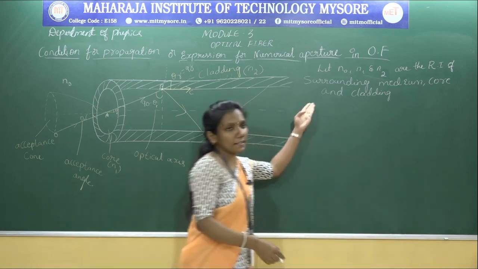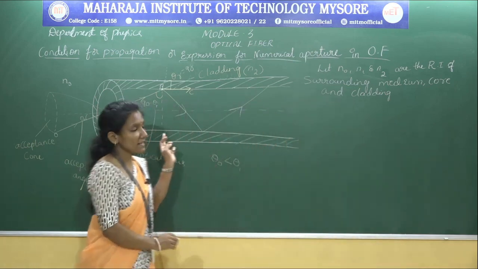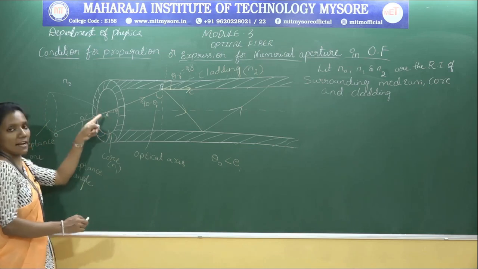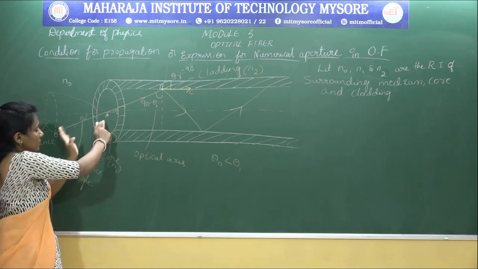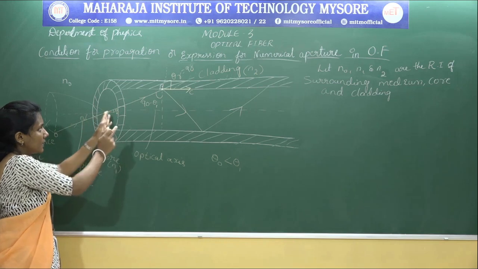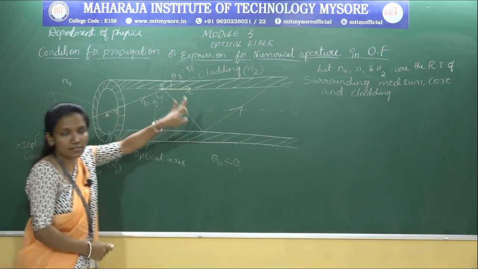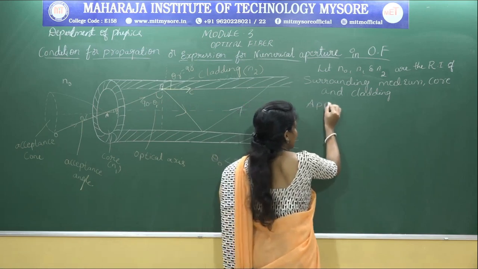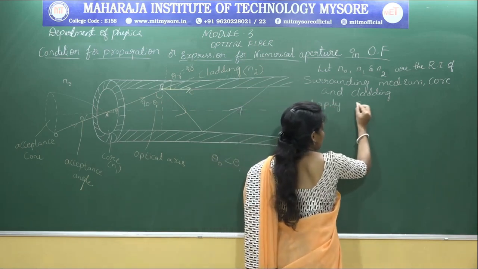So next we apply Snell's law at point A, considering from where the ray of light is incident and how it is refracted.